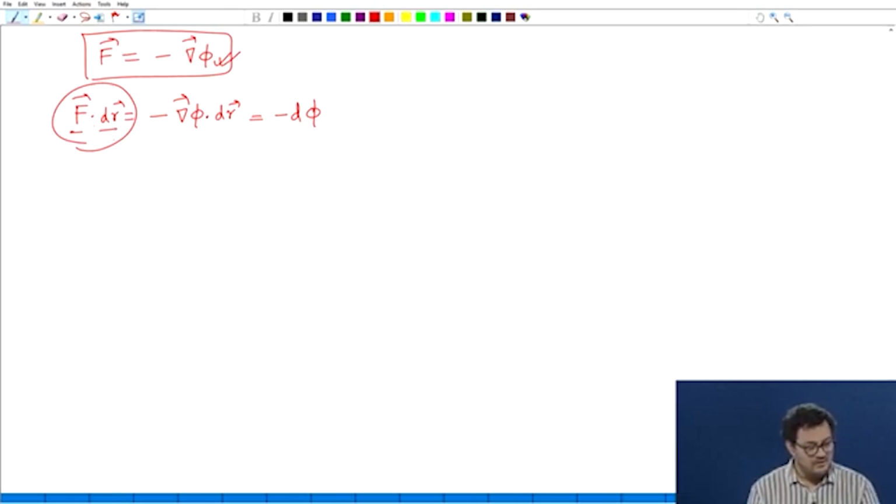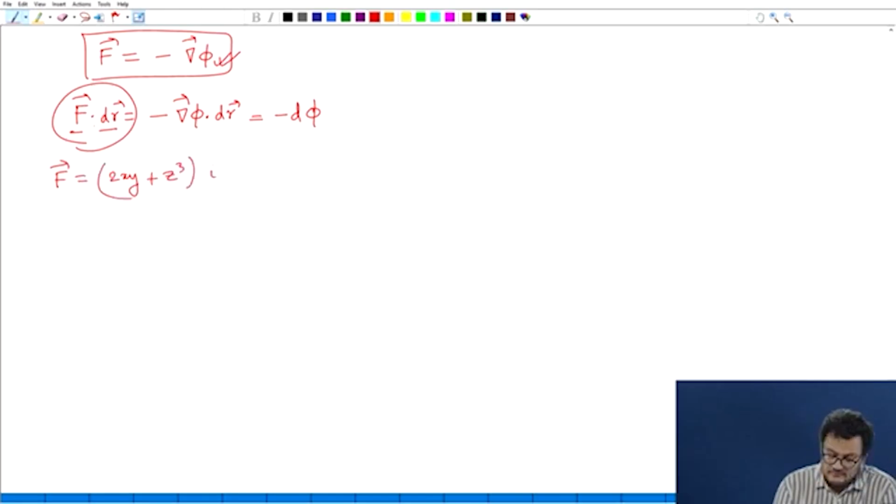I am just giving you a small example, and with that we will end this lecture. Okay. So, let us say my force field is 2xy plus z cube i cap plus x square j cap plus 3x z square k cap. Now, I have to find the phi.